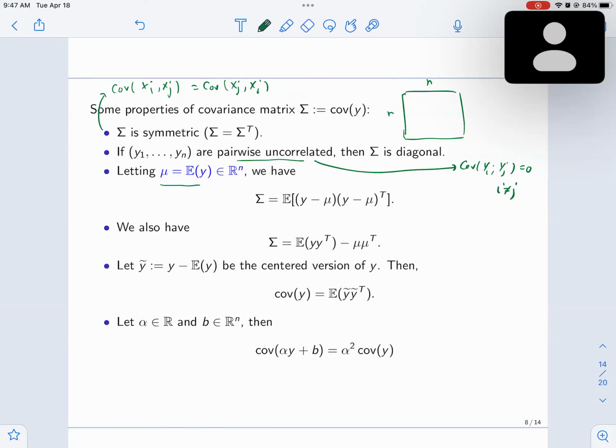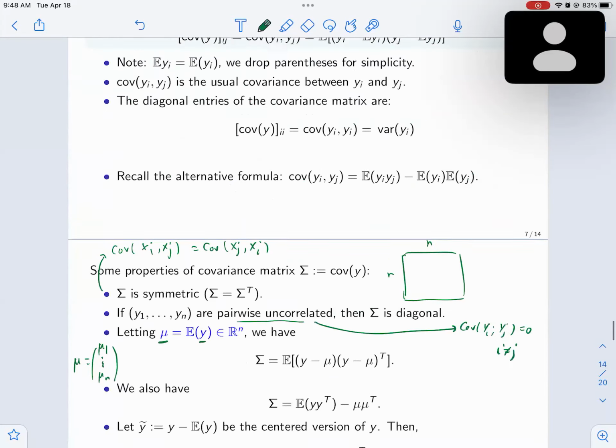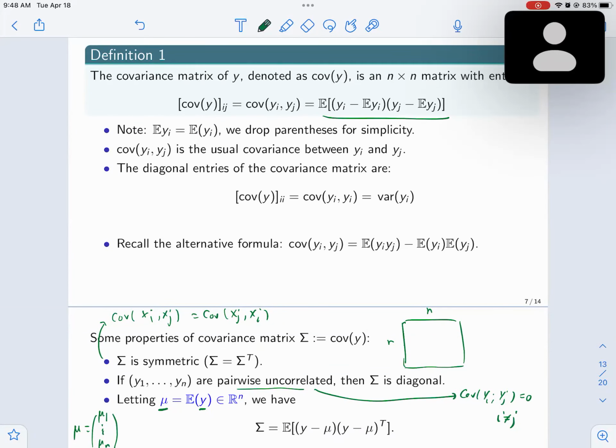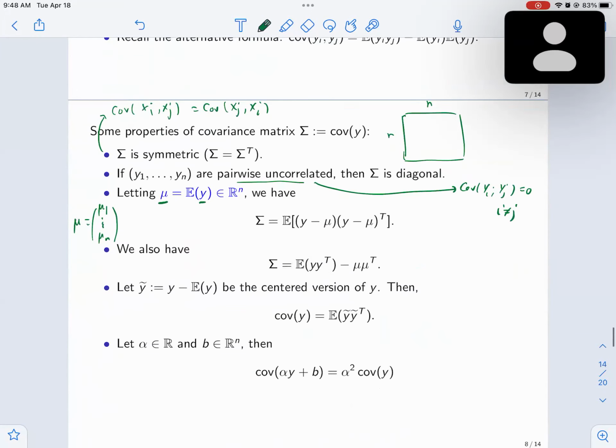If you let the expectation of y, this is a vector, be mu, now mu is going to be an n-dimensional vector itself, right? So mu is going to be mu1 to mu n. So each element is going to be the expectation of the corresponding entry of y. Then this expression, which holds for an individual pair of random variables, can be expanded to this expression for the entire covariance matrix.